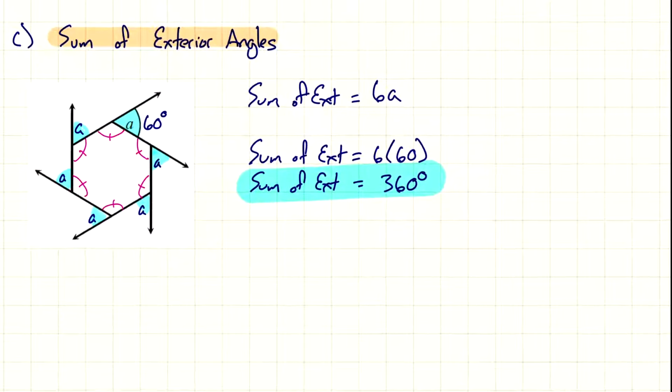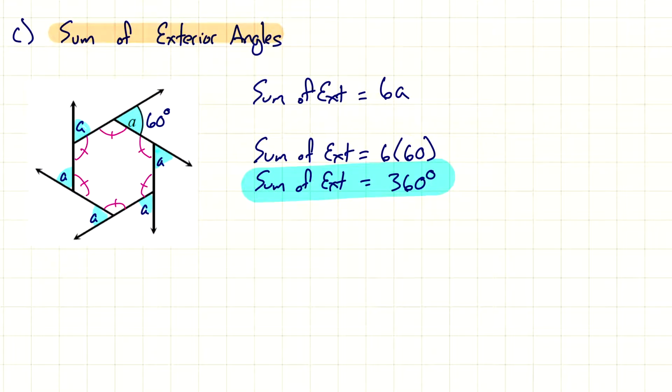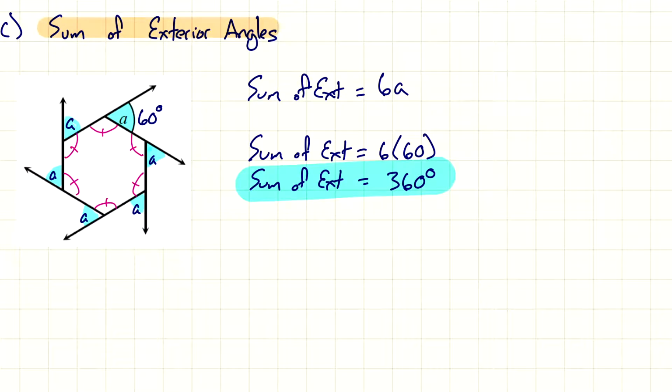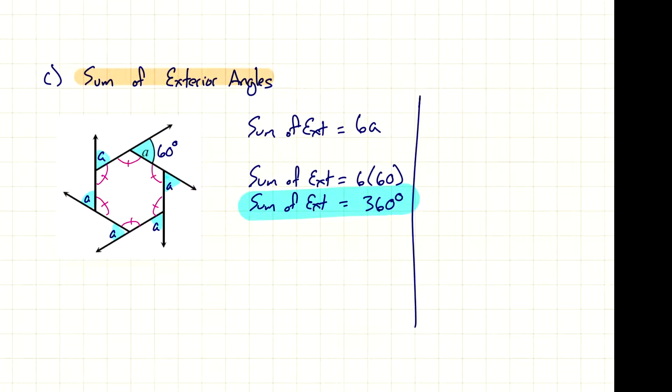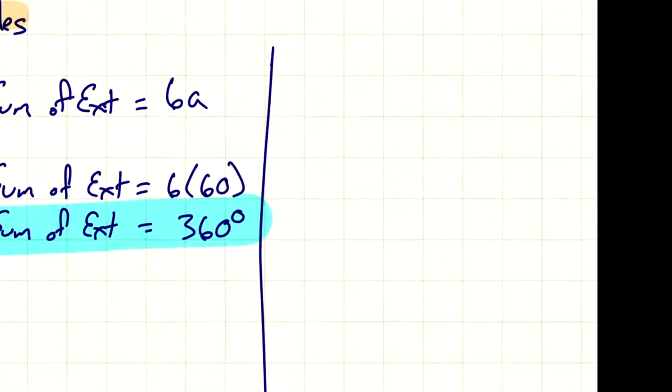Now, what if it's a different shape? I know this lesson's already long, but I think this is kind of key: what if it wasn't a hexagon? What if it was a different shape? What would the sum of the exterior angles equal then? So I'm going to try to do this really quick with another shape. Okay, I wish it was a nicer looking triangle.